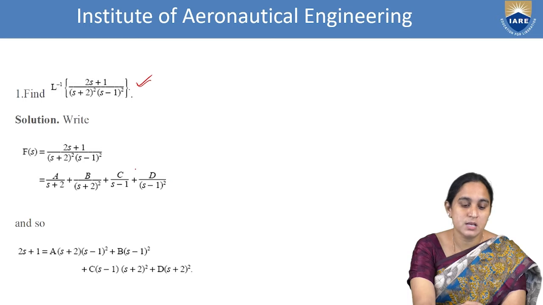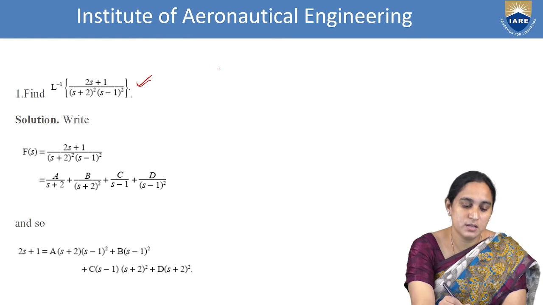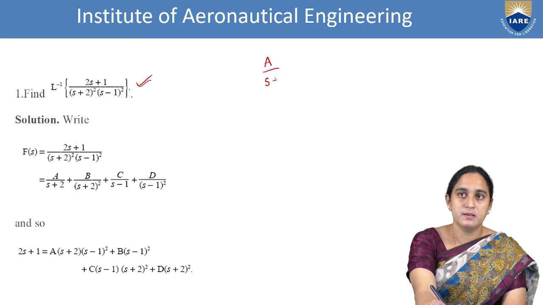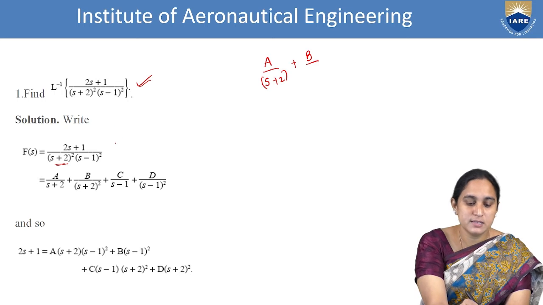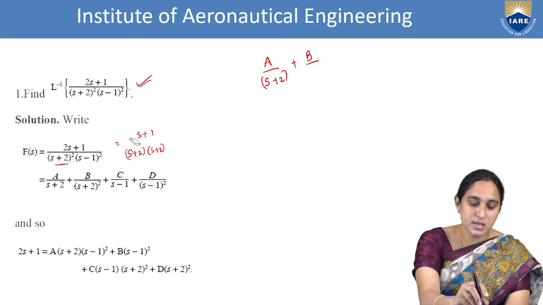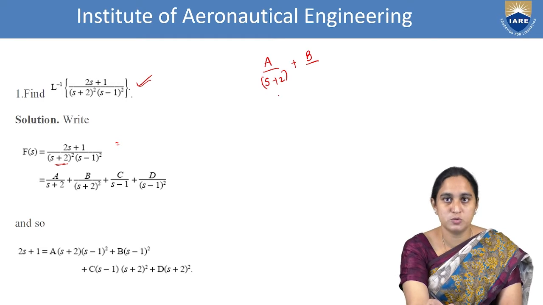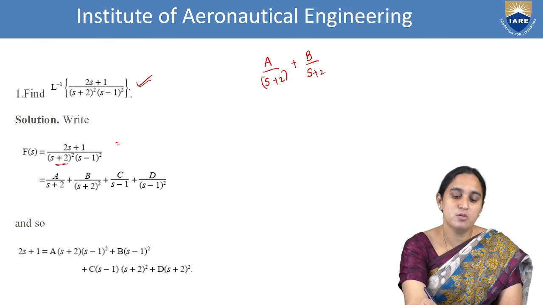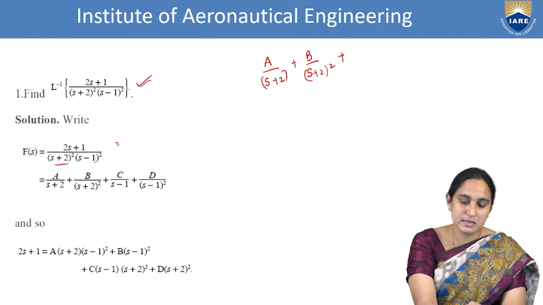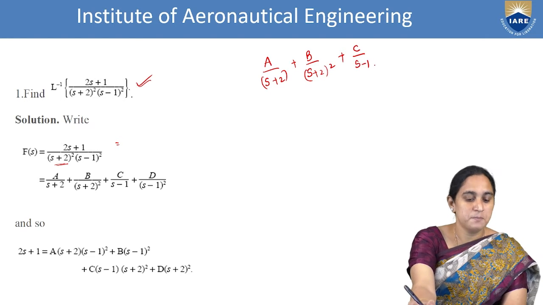How to use partial fractions? First I write the first power of s+2, that is A by (s+2), plus B by (s+2) whole square, since the denominator has the (s+2) whole square and (s-1) whole square forms. Then for the next part, C by (s-1) plus one more, D by (s-1) whole square.